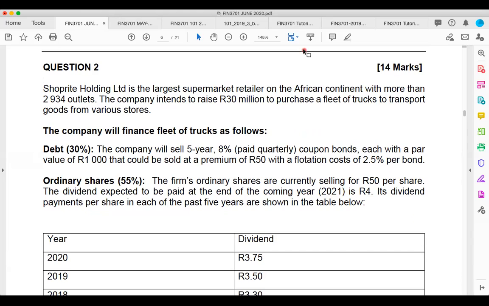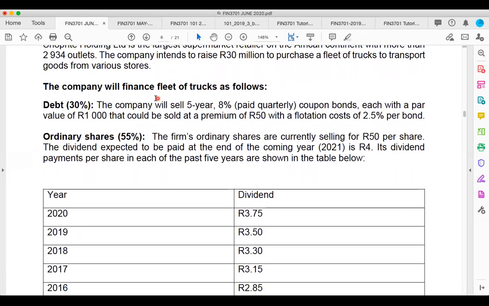Question number 2 was simply a question on determining the cost of capital. It said ShopRite Holding Limited is the largest supermarket retailer on the African continent with more than 2,934 outlets. The company intends to raise 30 million to purchase a fleet of trucks to transport goods from various stores.